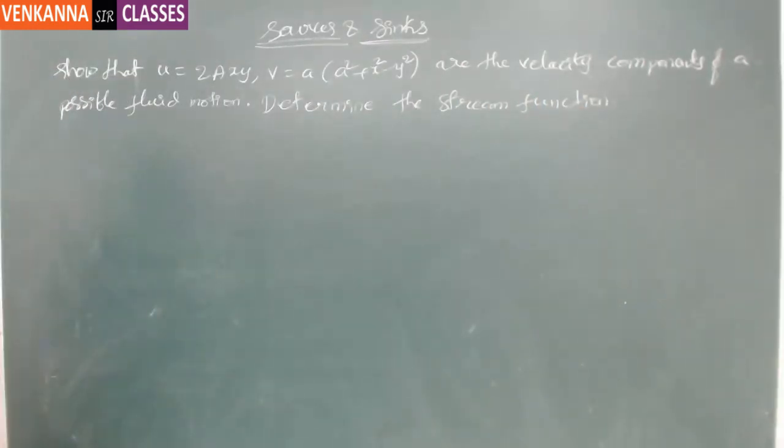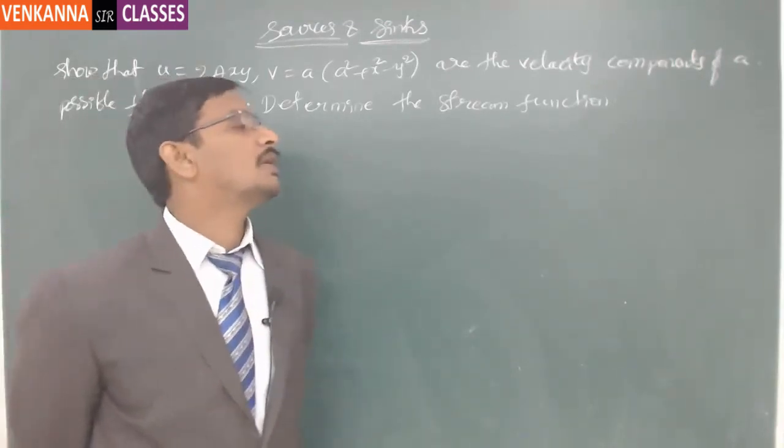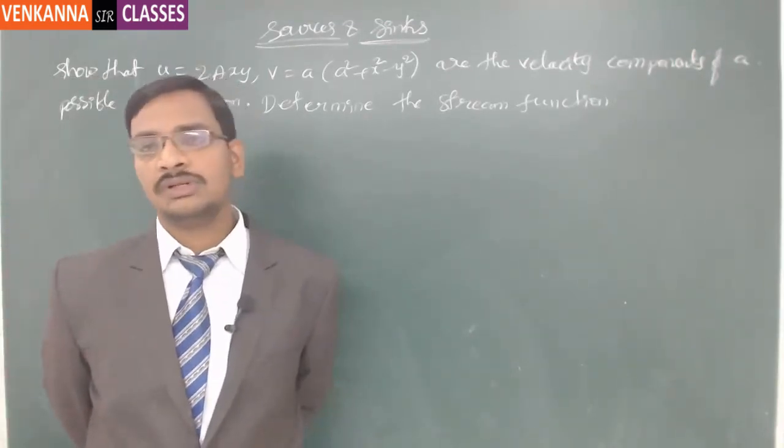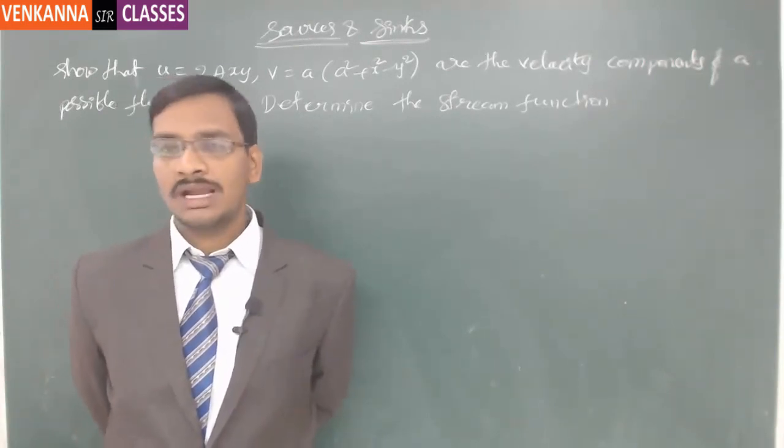This you might have already done in complex analysis. So velocity components are given, but in complex analysis usually either phi or psi will be given. Here, to find the stream function, in complex analysis we are given the phi value, that is the scalar potential value.